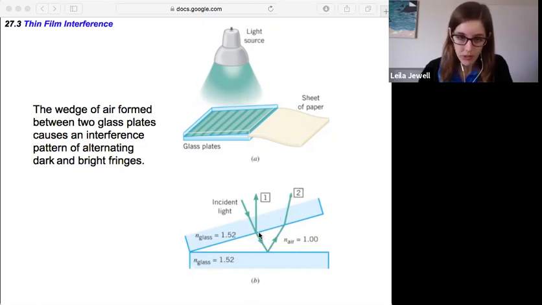Notice for this one, we might as well check it while we're doing this. If we're reflecting from the glass to the air, that's reflecting off of a lower refractive index, so this one will not invert. But for path 2, it's going from the air reflecting off the glass, the heavier one, so this one will invert, so the net phase change will still be half of a wavelength as before.